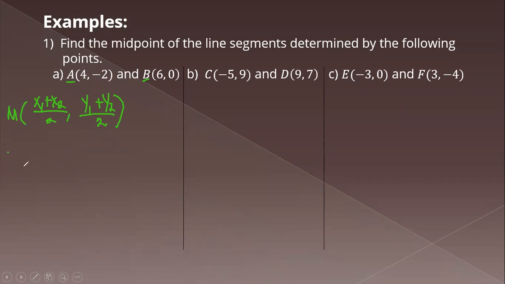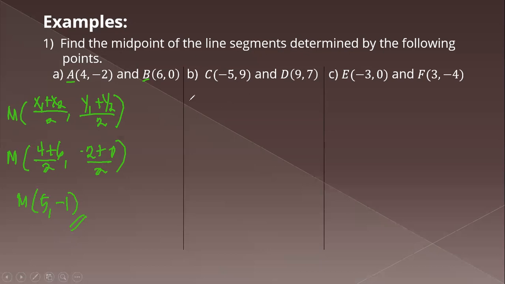For the midpoint, we have x sub 1, which is 4, plus our x sub 2, which is 6, divided by 2, and then y sub 1, which is negative 2, plus y sub 2, which is 0, divided by 2. So our midpoint between point A and B is 4 plus 6 is 10 divided by 2 is 5. Negative 2 plus 0 is negative 2 divided by 2 is negative 1. So our midpoint is 5 comma negative 1.